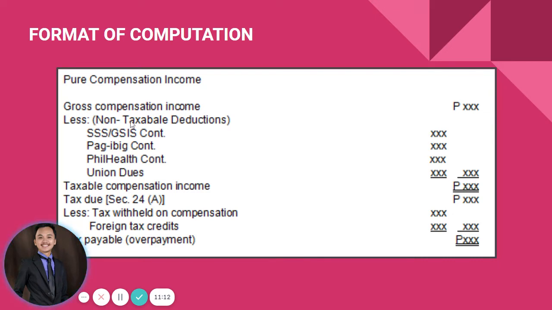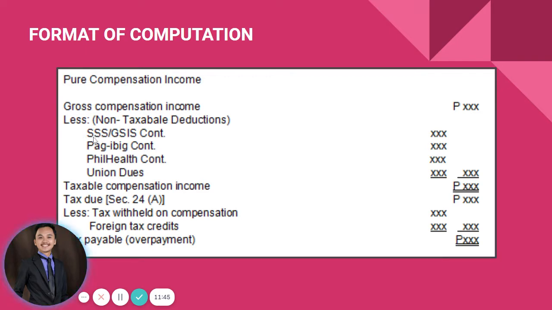Gross compensation usually still includes your non-taxable deductions like SSS, Pag-ibig, PhilHealth, and Union Dues. I know that there are other deductions that can be deducted from your gross compensation to compute for your net compensation income or net pay, but what is only non-taxable is only these four items. So take note of that.